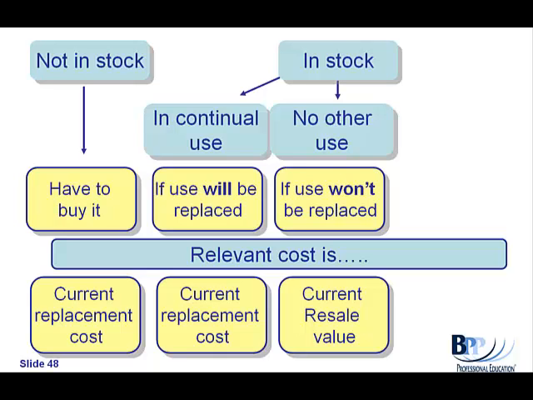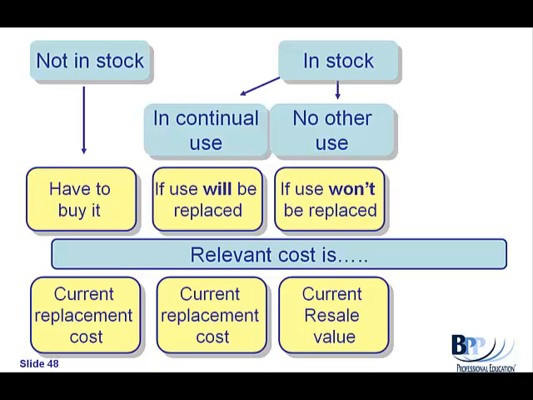What I mean by the resale value is if we were able to scrap the material, sell that cocoa to somebody else and get some income for it, that is a cost to us because we're now not going to be able to get that income if we use it on production of the Venus bars. If we can't sell it for anything, then the relevant cost would be nil. So whatever your current resale, current scrap value is, that would be your relevant cost in this scenario.